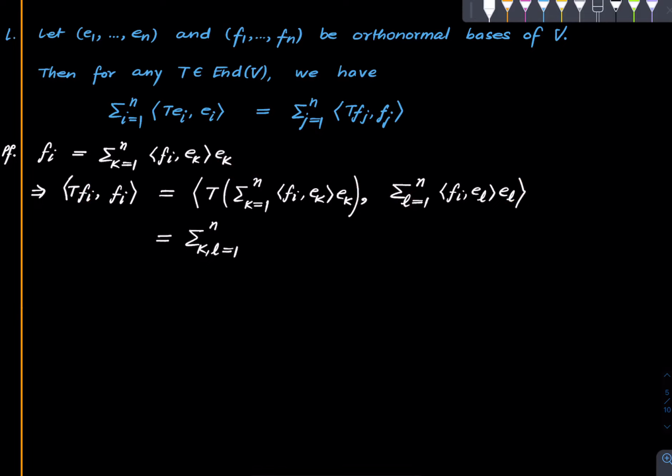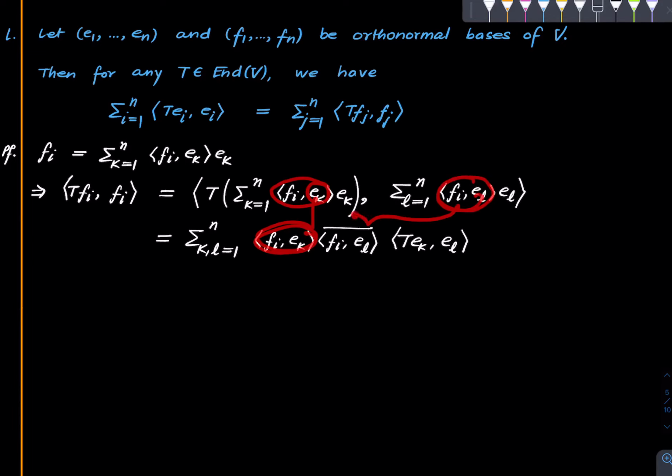and apply linearity of t to get that. So what we have done is, these are scalars, they come out as such. These are also scalars, but they come out with a complex conjugate because they are in the second slot, and the rest is just linearity of t.